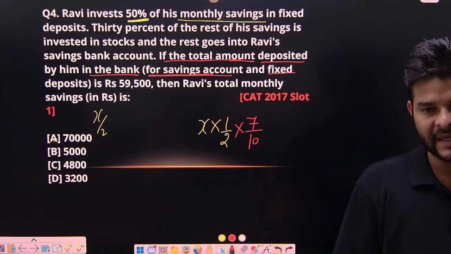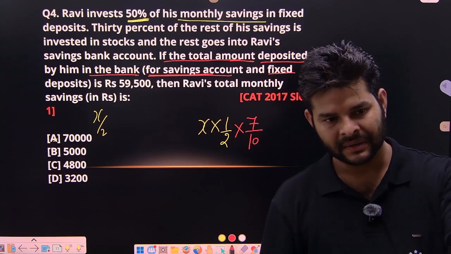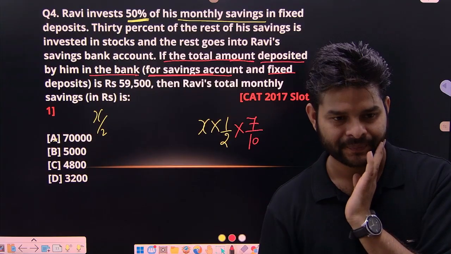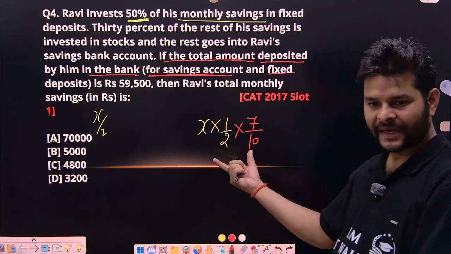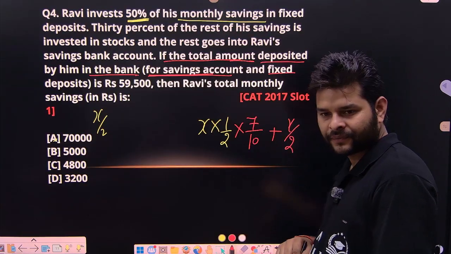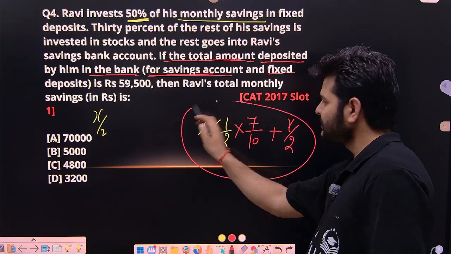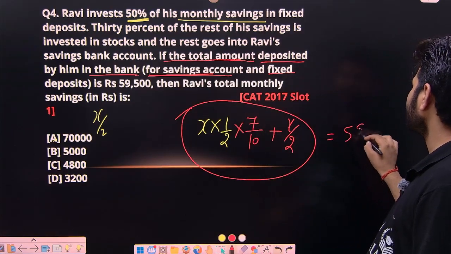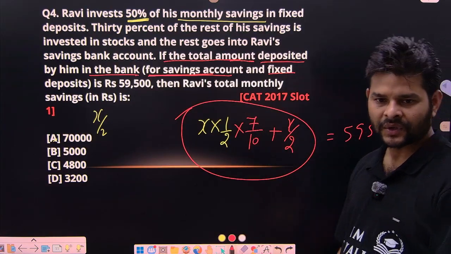So he has deposited two amounts in banks. First in the form of FD, second directly. So this is the second amount and X by 2 is the FD. So that total is 59500. Now got it or not?